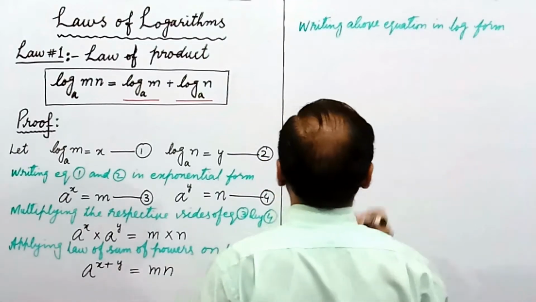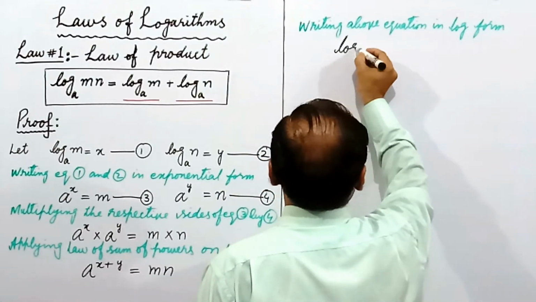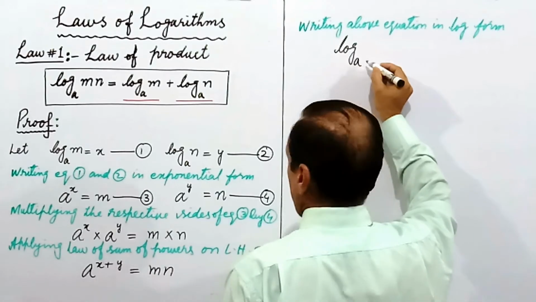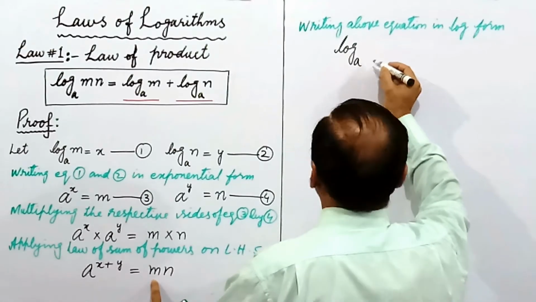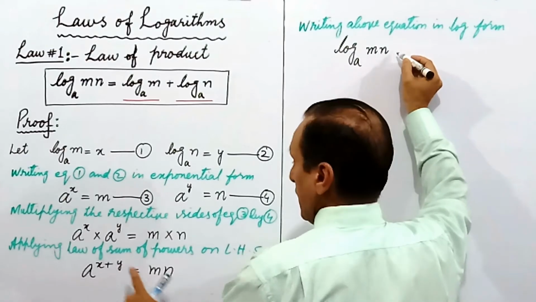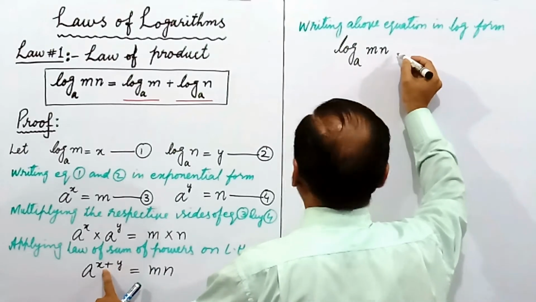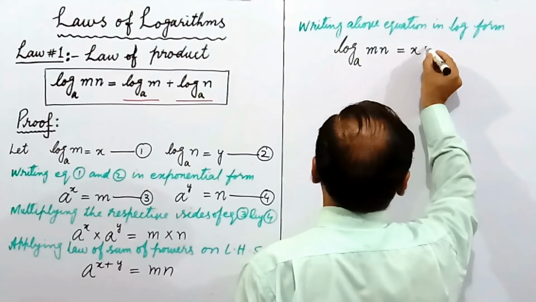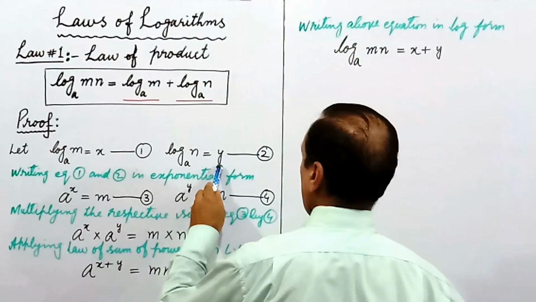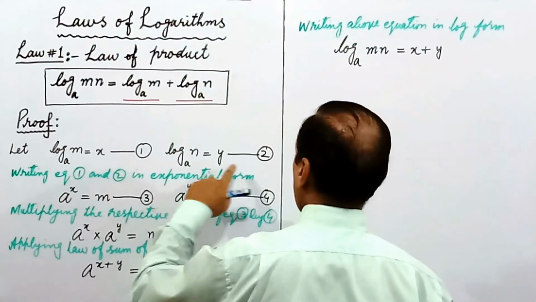We have log, as we know that the base remains base, and that equal value will become the log of the number, and the power will become equal value x plus y. We know the value of x and y from equation 1 and 2.